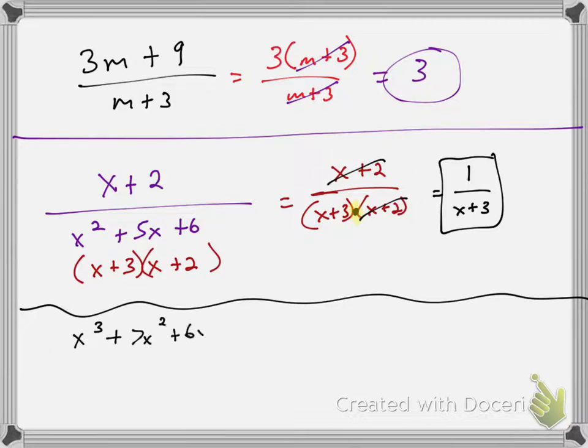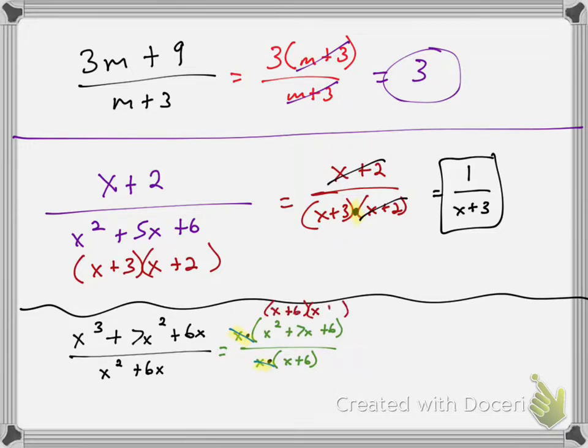Okay, next problem, getting a little bit more difficult, a little bit more steps. x cubed plus 7x squared plus 6x divided by x squared plus 6x. In the numerator and the denominator, they both have a greatest common factor of x. Since those are now held together with multiplication, there's 1x in the numerator, 1x in the denominator. Those can cancel.